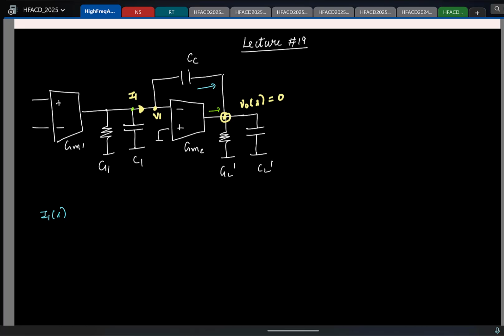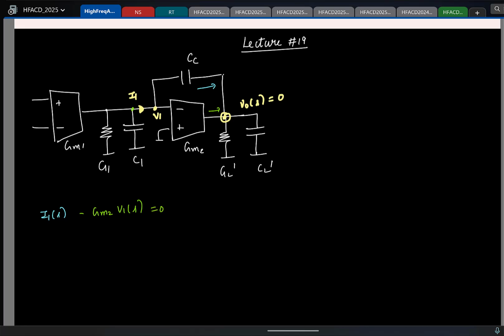Fine. And if this voltage is V1, what can you say about the transconductor current? Is this fine? Minus gm2 V1(s). Sum of these two is 0.